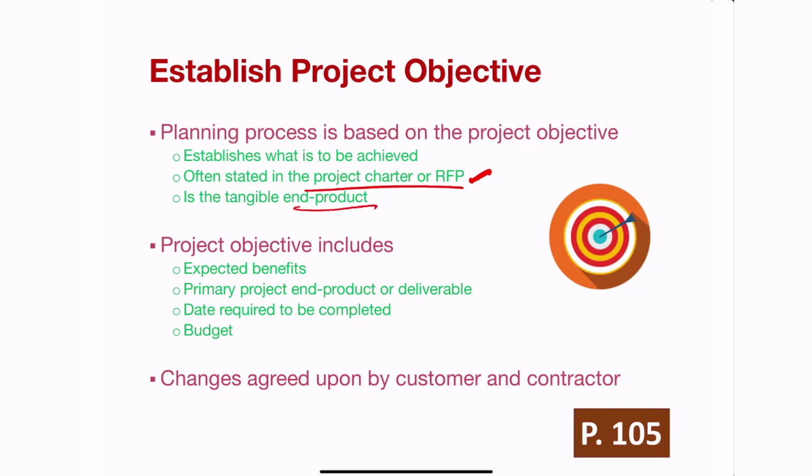So it can be something really tangible, a specific end product, but it can also be a business objective to grow market share by 5%, and you put together a project in order to achieve that particular objective. The objectives also include the expected benefits to your client's business, and the primary end product and deliverable, the date it's required, as well as the budget.